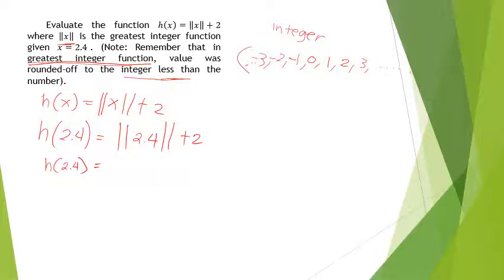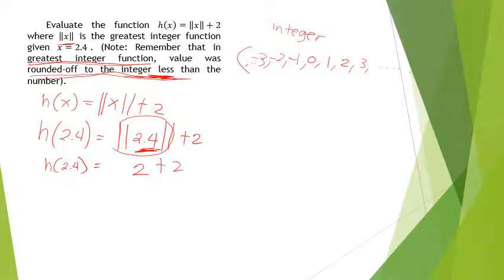Ang sabi dito, ito ay 2.4. Ang sabi sa greatest integer function, siya daw ay nirarounded off to the integer less than. Less than lagi. Ibig sabihin, kung ito ay 2.4, siya daw ay i-round off sa nearest na maliit na integer. Dapat, kapag in-evaluate natin yung buong expression na to, magiging sagot ay 2. Diba?